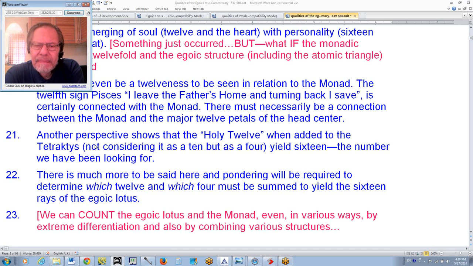But we also said, what if there are 8 additional radiations? Before long we could come up with a 33. I can see how we could begin to do that. So it all depends on the perspective and how one wants to consider the nature of a structure. But for practical purposes, the egoic lotus is a great heart center.